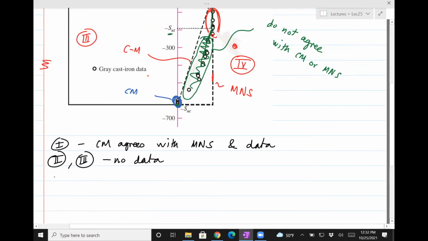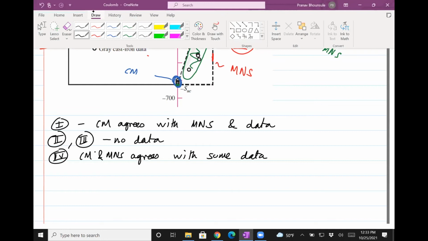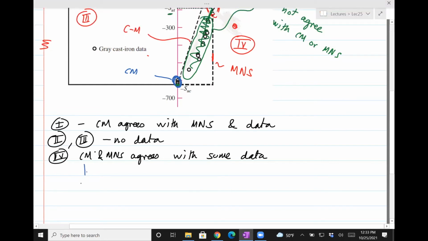And then 4, MNS agrees with some data, and CM, it does agree here. So you can say CM and MNS agree with some data, the data in blue. So CM agrees where the data is blue, and this one where I marked it in red.